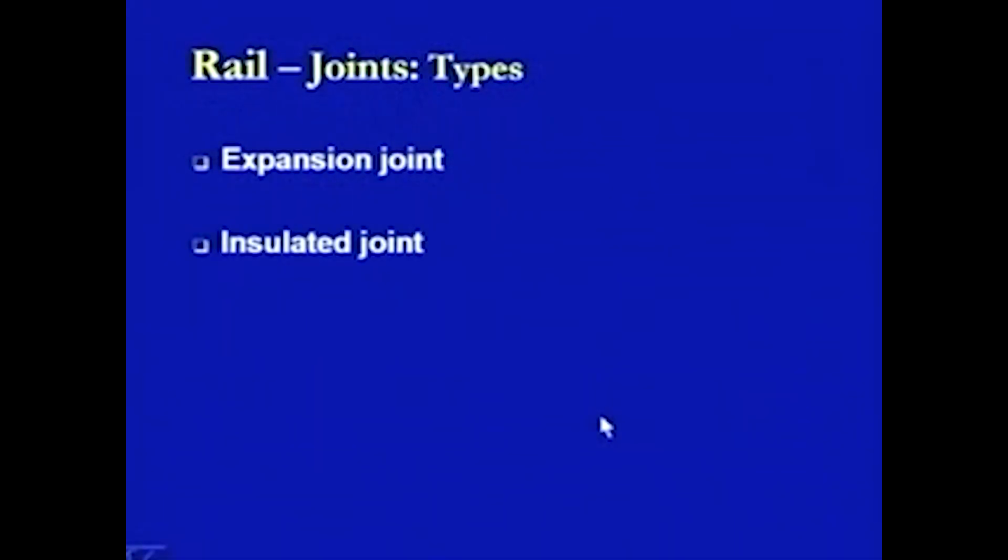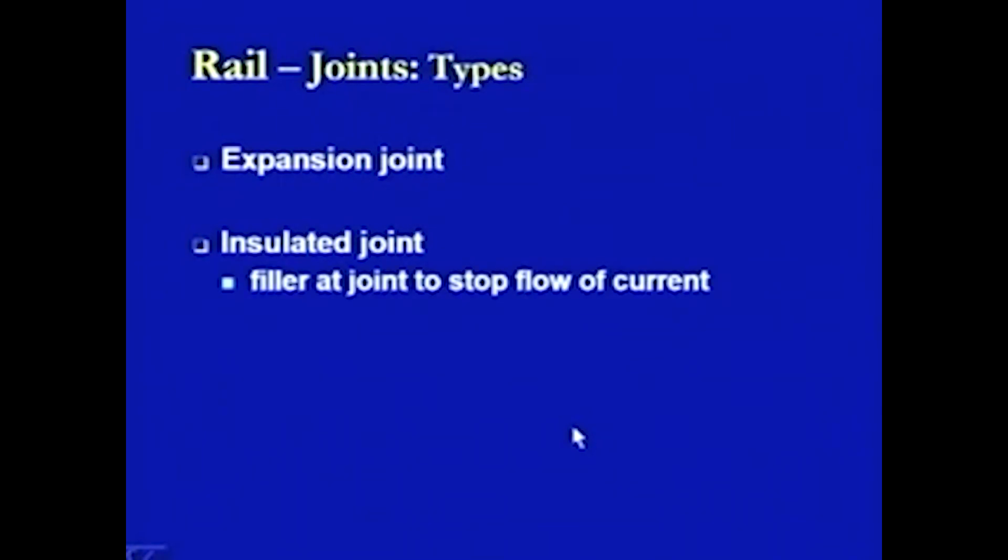Then there is an expansion joint, as we have discussed. It is provided so as to take care of the amount of expansion taking place in the rail sections because of thermal stresses. There are insulated joints provided in the locations where we have to stop or remove the flow of the current. So, what we do is that some sort of filler is filled at the joint level.